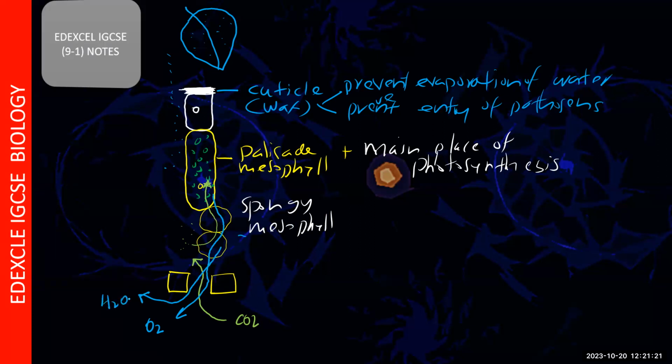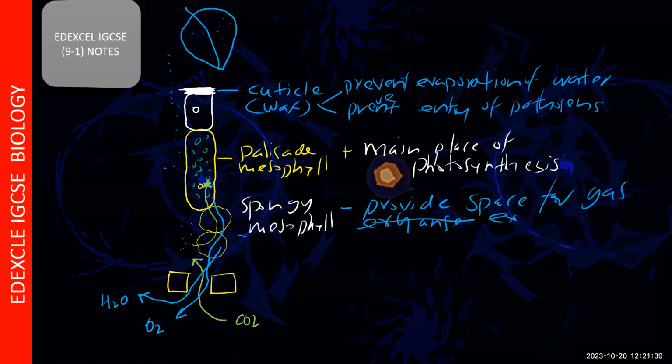This is transpiration. So spongy mesophyll cells provide a space for gas exchange, and also for transpiration.